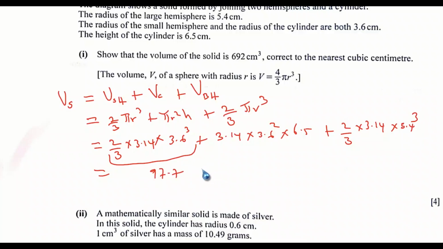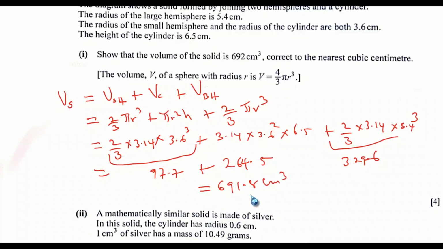If you do this, you get 97.7. Plus, if you do this, you get 264.5. And if you do this, you get 329.6. If you add the three together, you get 691.8 cubic centimeters.